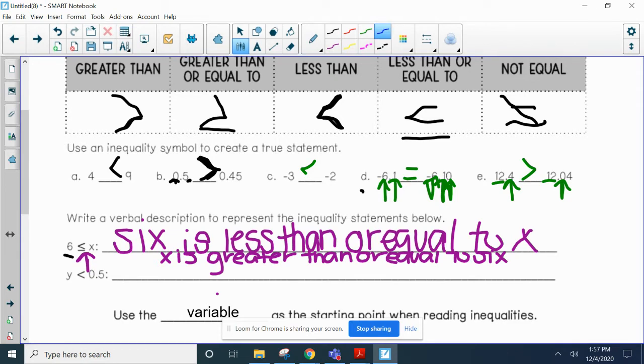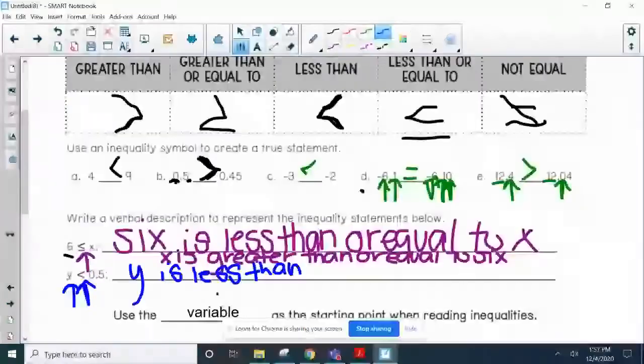All right, let's go ahead and look at this next one. We're literally just reading what it says. What is that? Y. What does that say? Less than. So y is less than. What number is that?